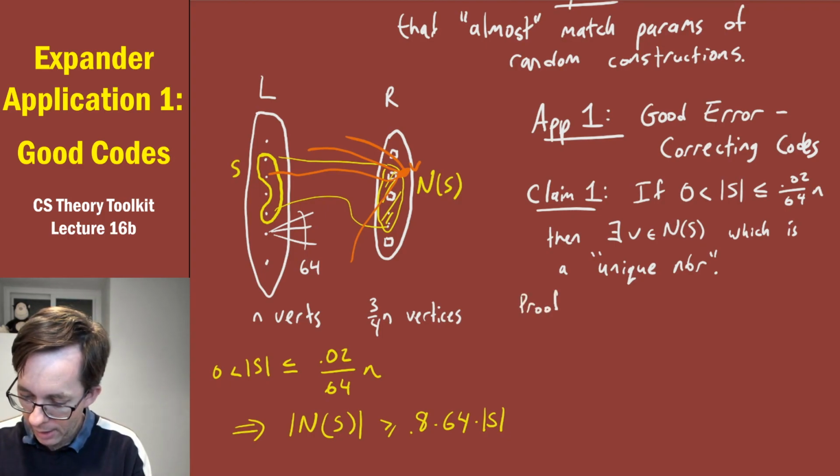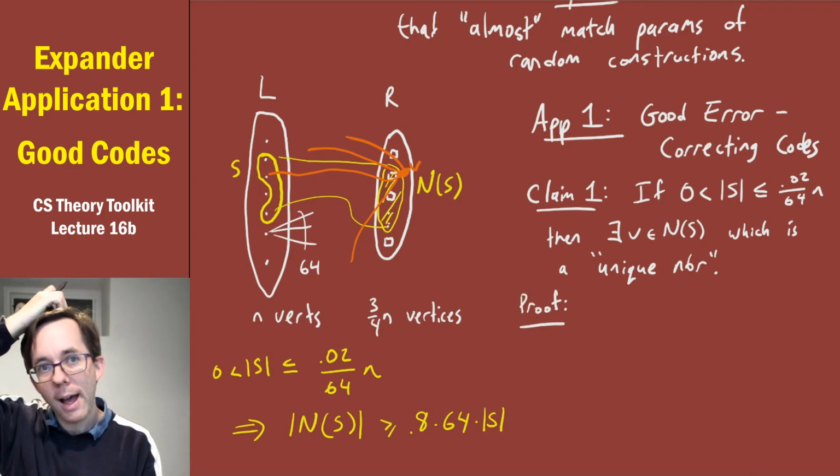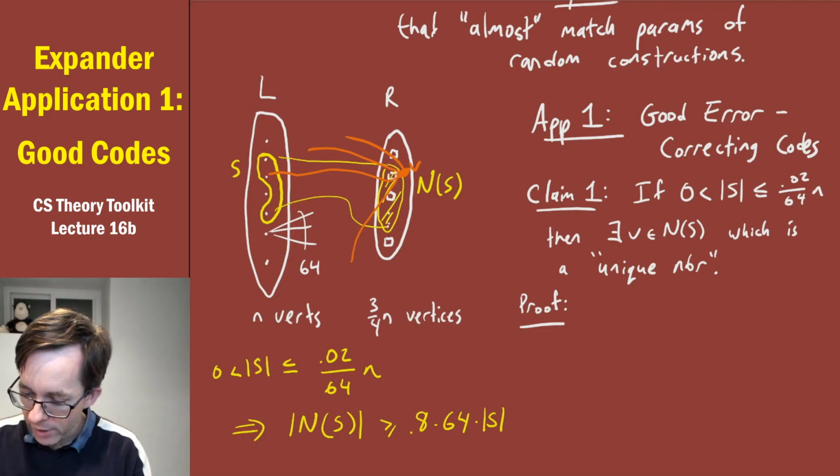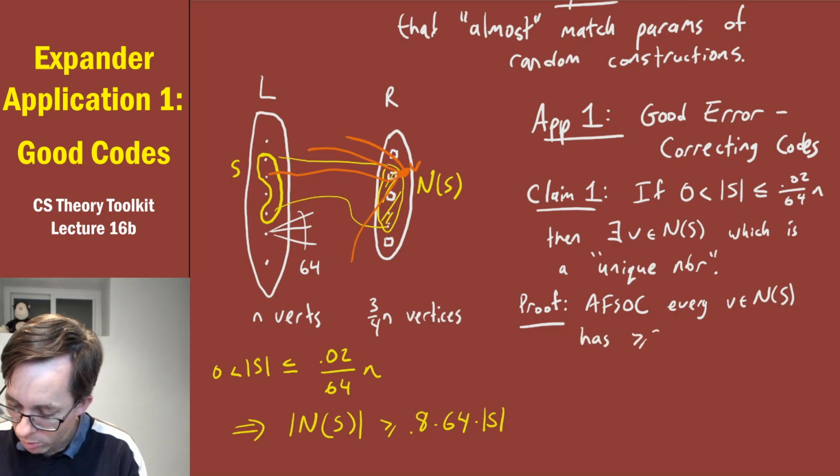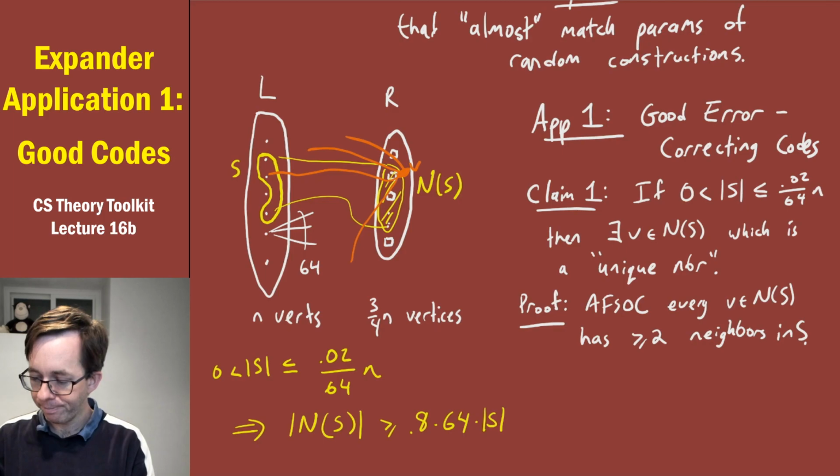And the way we'll prove it is, well, let's assume for the sake of contradiction that every V in the neighborhood of S has at least two neighbors back in S. Okay, so it has no unique neighbor.